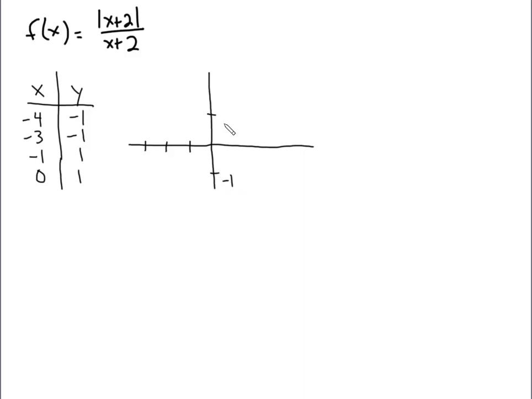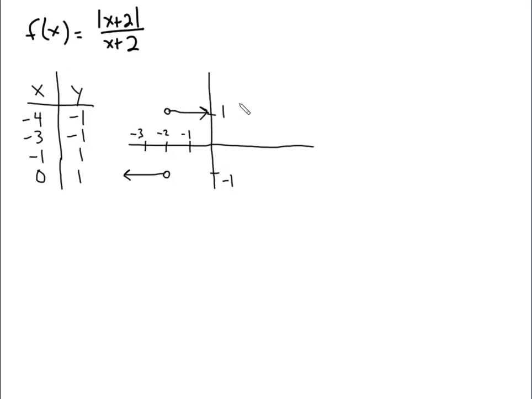So the output for any value of x that's less than -2, here's our -2, is going to be -1. I'm going to put an open circle because it's not defined when we actually plug in -2. And then when you go to a value of x that is bigger than -2, you stay constantly at 1. So really that's what the graph is going to look like.